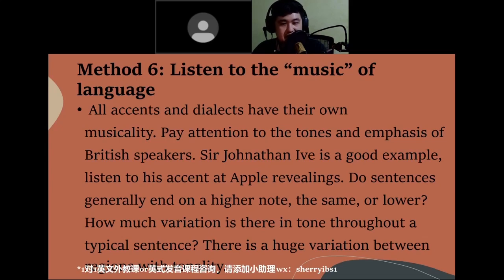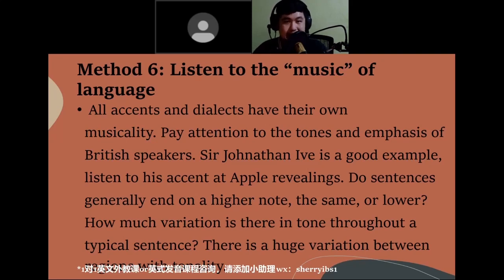Sir Jonathan Ive is a good example. Listen to his accent at Apple reveals. Do sentences generally end on a higher note, the same or lower? How much variation is there in tone throughout a typical sentence?